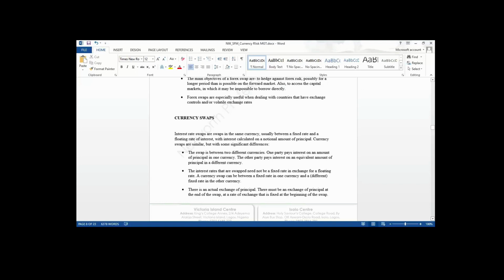When it is time for repayment, the Nigerian Bank of Industry will repay CBN in naira. CBN will then repay the World Bank in dollars. That is currency swap.